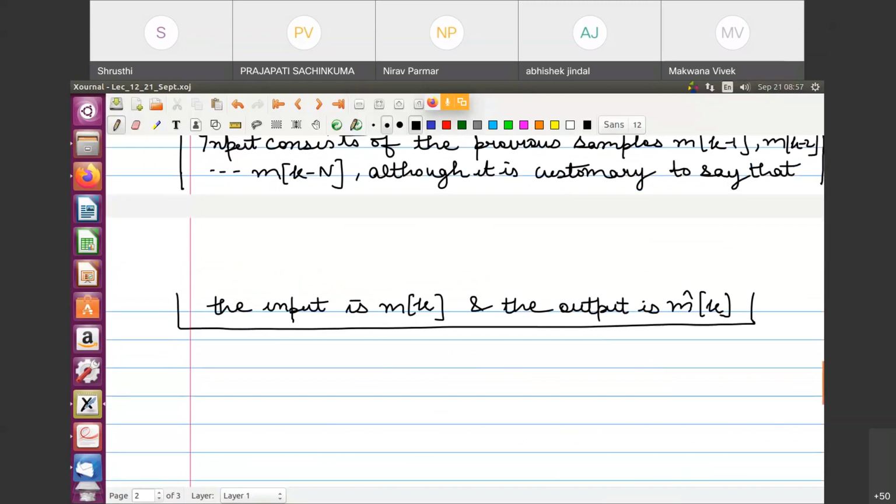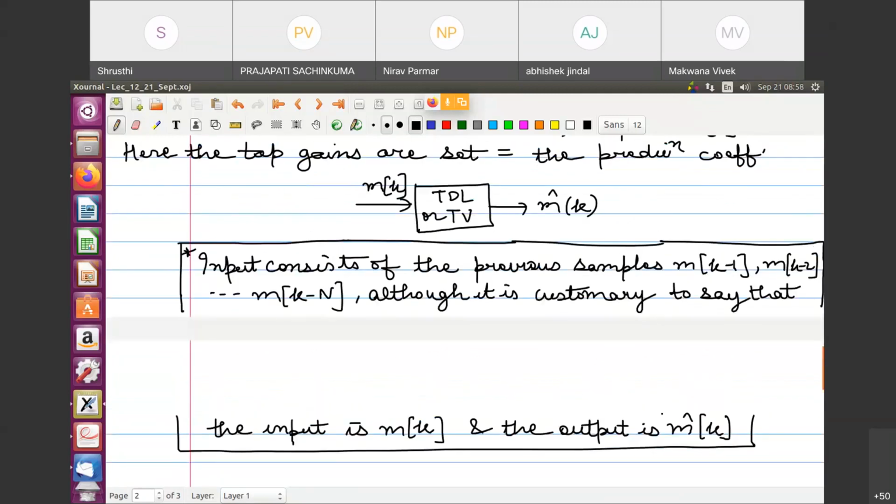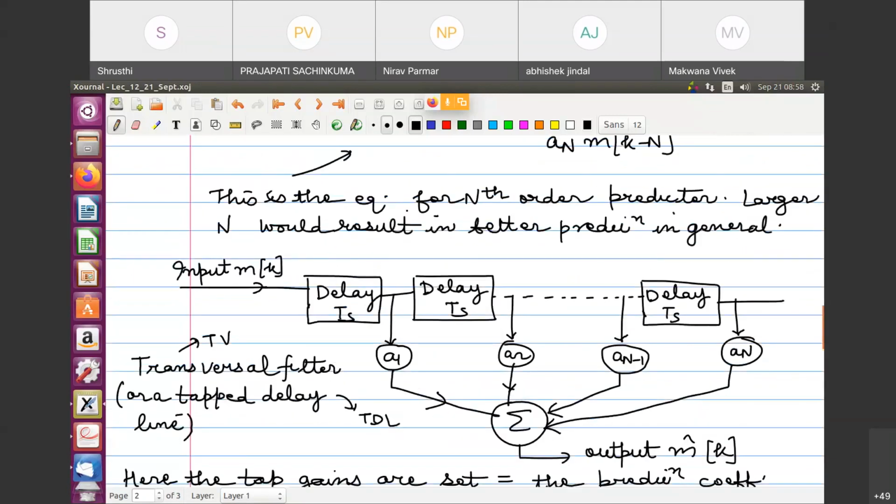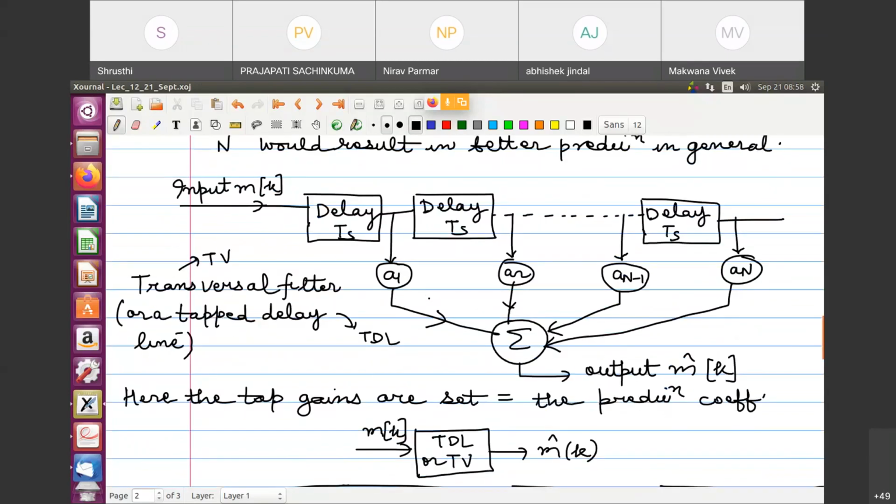You can have your own sources, and in those sources, if at all you encounter this issue that I am putting m of k as the input, or I am using m of k to predict m of k, it is better to say that if I am using the current value to make its estimate, then this doesn't seem to be logical. See, why would we use the current value to predict its own?